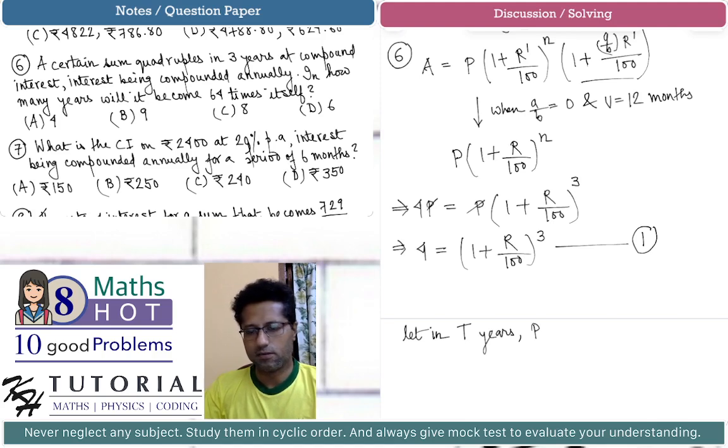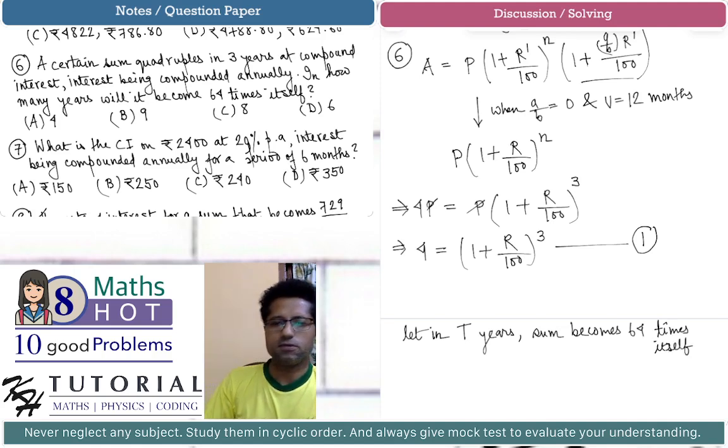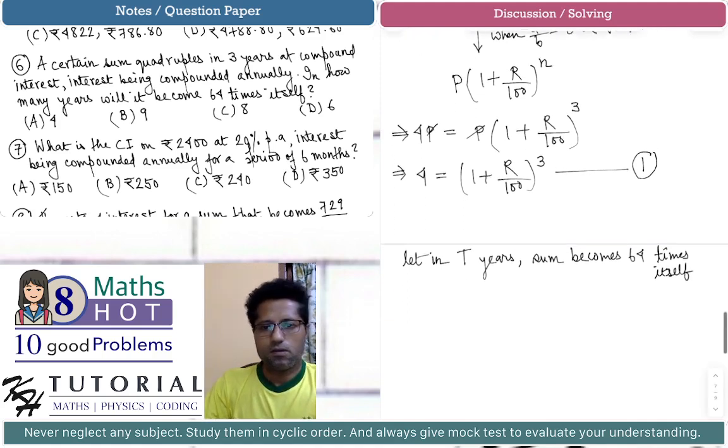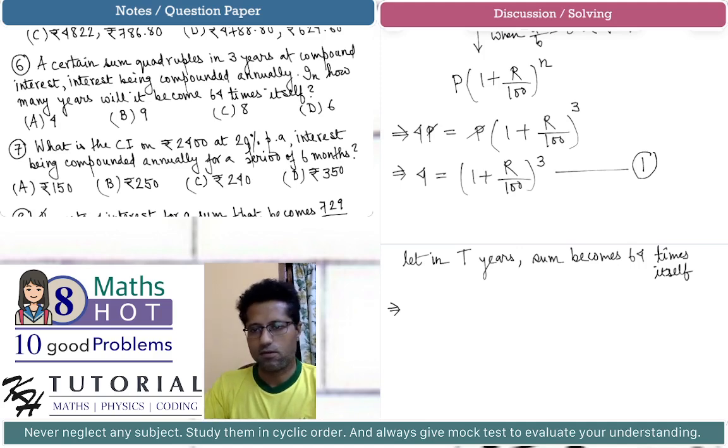Becoming 64 times itself means that the amount becomes 64 times the original principal.